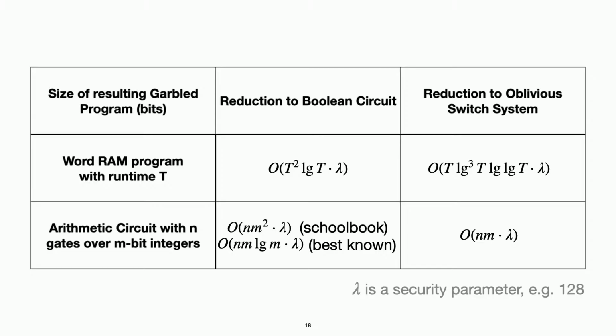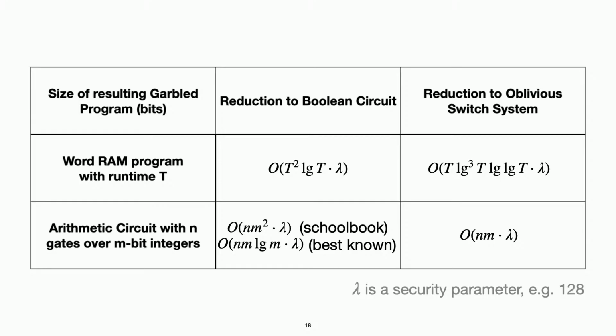Right? But the one that I want to talk to you about today is arithmetic circuits. So consider you have an arithmetic circuit over m-bit integers. Maybe it's in some modulus. Choose any modulus you like. Okay, if you take that program and you compile it to a Boolean circuit, and you use some kind of school book algorithm for multiplying numbers, you'll get an encoding which scales with m squared, if m is the bit length of your numbers.